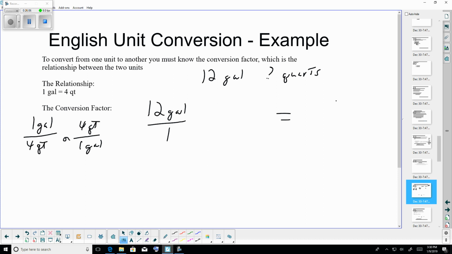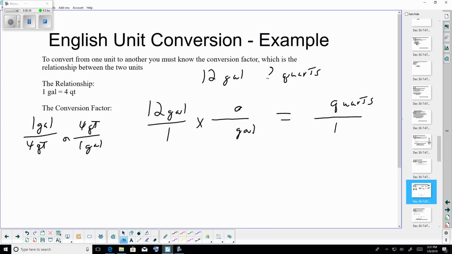You want to find out here how many quarts. So now I'm going to multiply this by some conversion factor. I have to get rid of the gallons and keep the quarts. So those are the factor labels, the gallons and the quarts. So if I want to cancel the gallons, what's on the top here goes to the bottom here.